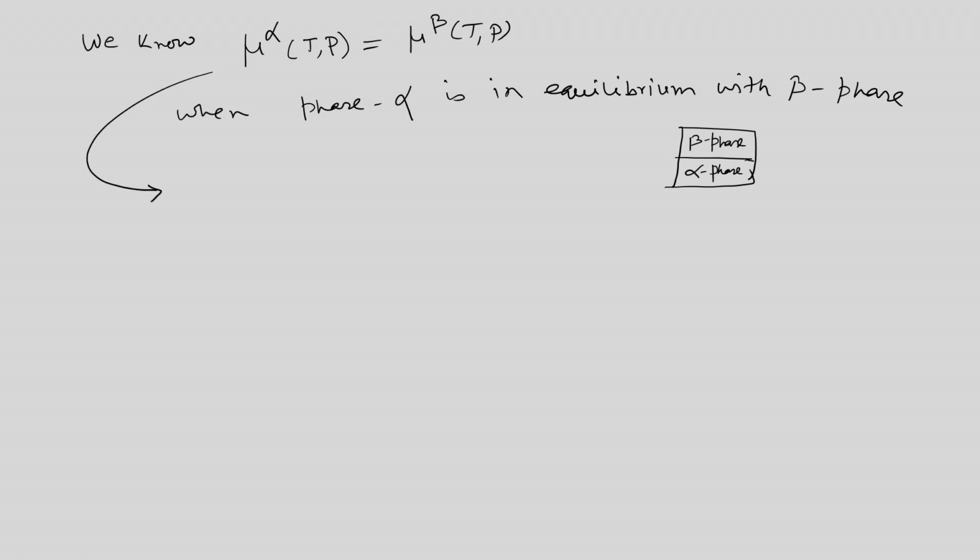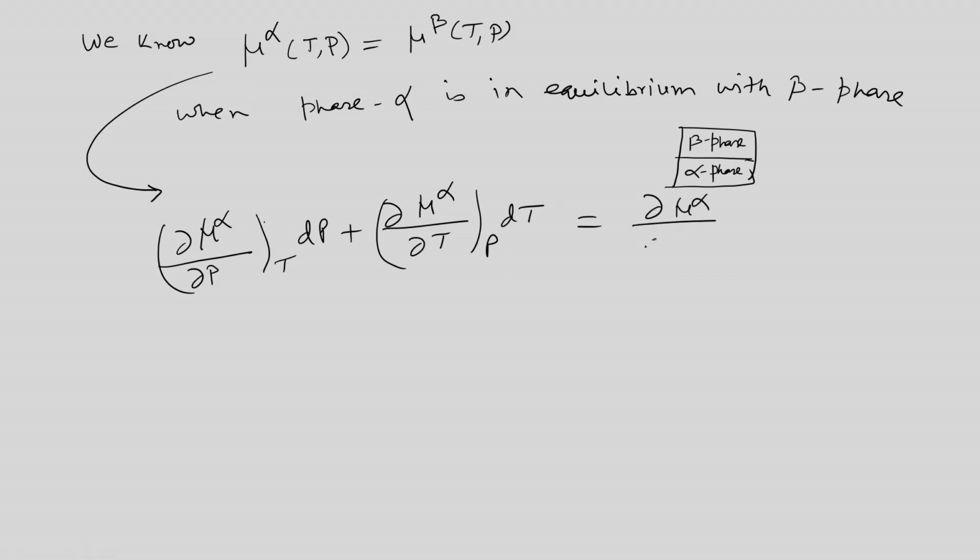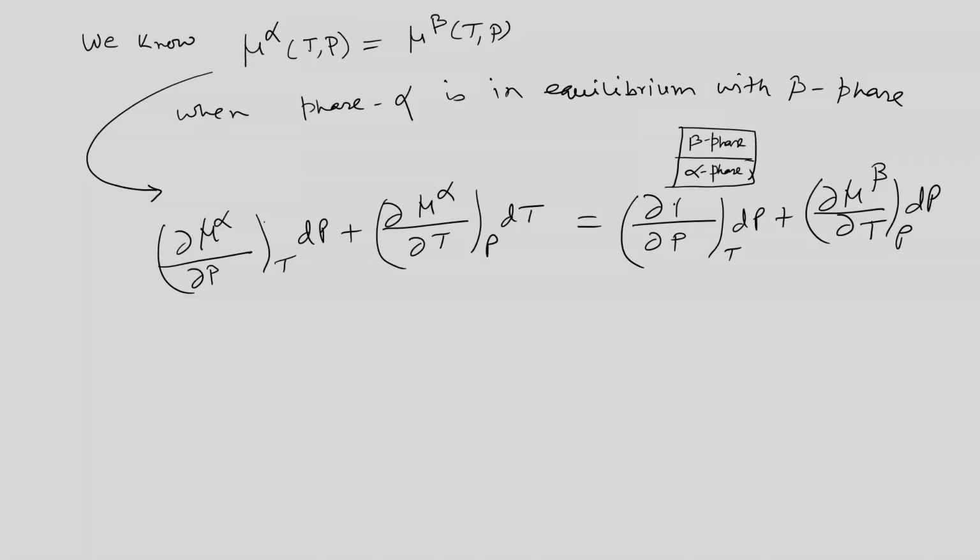So, from here you can write del mu alpha by del P at constant temperature times dP plus del mu alpha by del T at constant pressure times dT equals del mu beta by del P at constant temperature times dP plus del mu beta by del T at constant pressure times dT.